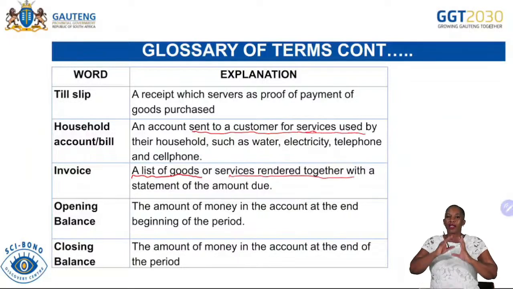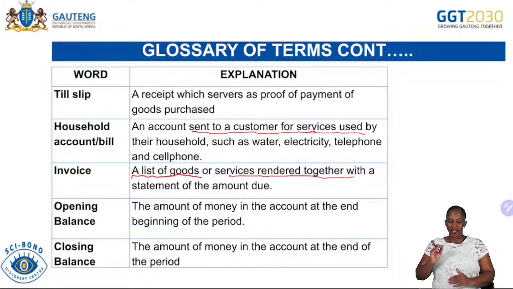They will give you that invoice showing everything they have done together with the statement of the amount due, to say, since we have performed these services for you, this is how much we are charging you. This is what you are supposed to pay.